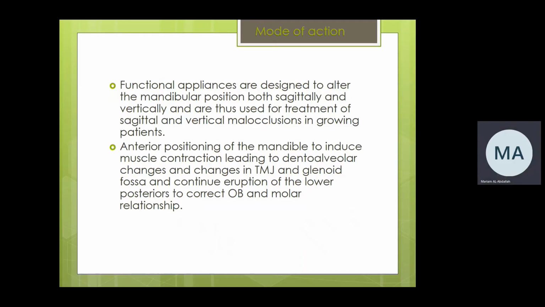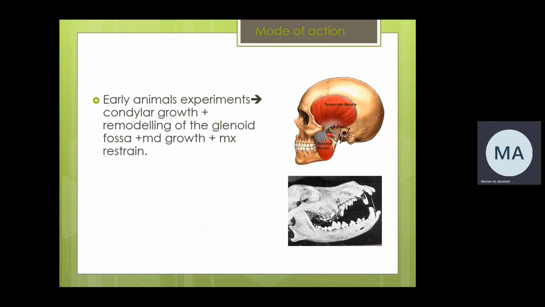Now, if you posture the mandible forward, which part of the mandible will be mainly affected by the stretching of muscles? It's going to be mainly the temporomandibular joint, where the mandible is connected to the rest of the skull. So if there is any growth modification, it will be mainly shown on the condylar head and the glenoid fossa, and then it will be expressed by increasing the length of the body of the mandible later on.